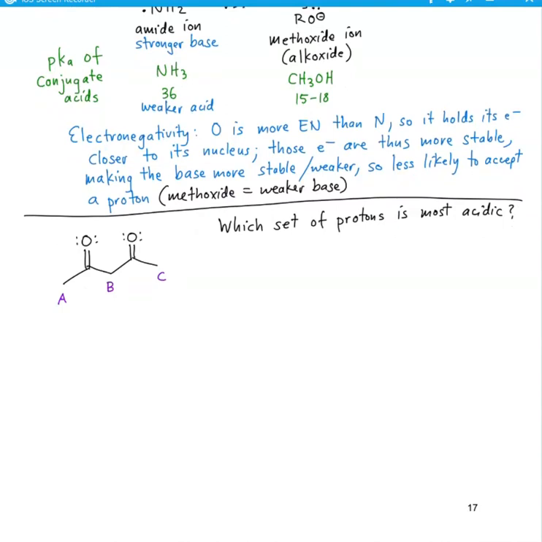Now, before we start pulling protons off, let's recognize the fact that by symmetry, the A protons and the C protons are in what we would call the same environment. So they're going to behave exactly the same. So if we take a proton off of A, that's going to have the same effect as if we took a proton off of C. So let's take a proton off of A and draw the conjugate base that we would get.